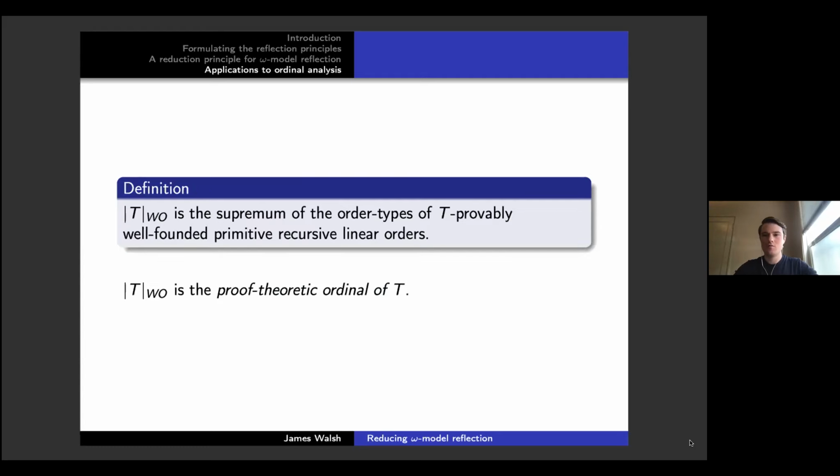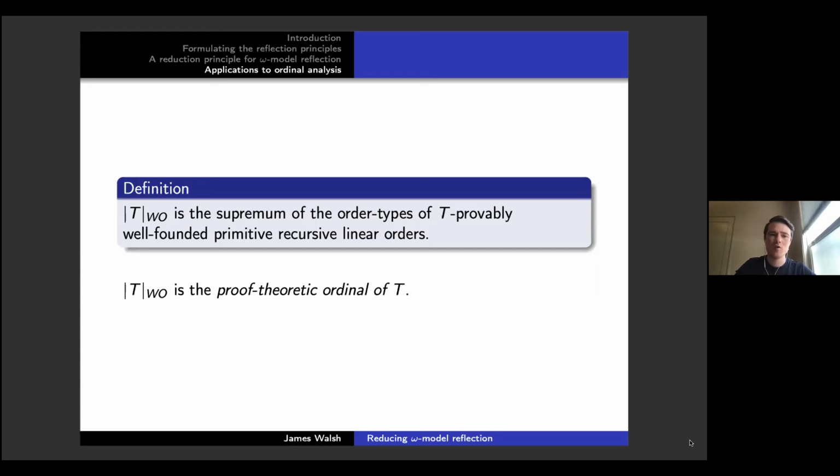So what is ordinal analysis? This T sub WO is called the proof-theoretic ordinal of T. And the classic definition is that the proof-theoretic ordinal of T is the supremum of the order types of the T-provably well-founded primitive recursive linear orders. So it is a mouthful, but just a few words.